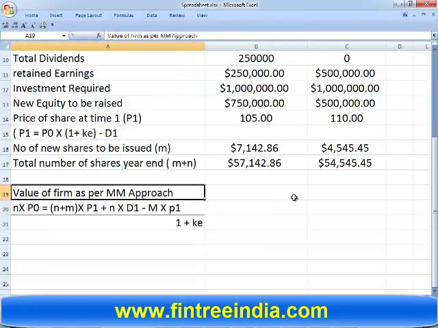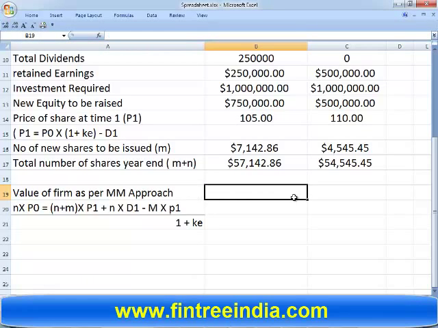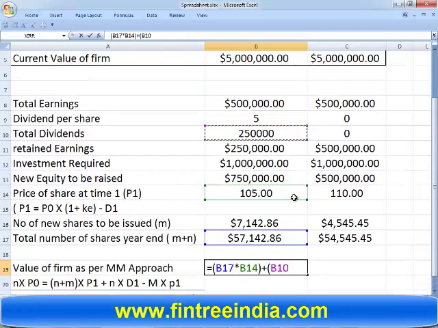आ रहा समझ में? So let's calculate the value of firm using this approach. 57,142 into price at time 1, 105, plus total amount of dividend, which was 2,50,000, minus value raised by issuing new shares, 7,50,000, and the whole number in bracket divided by 1.1.